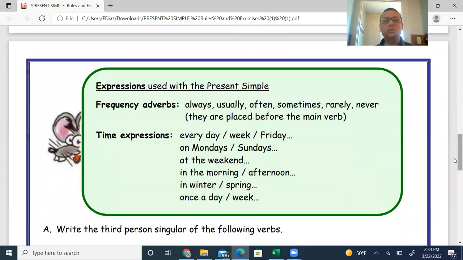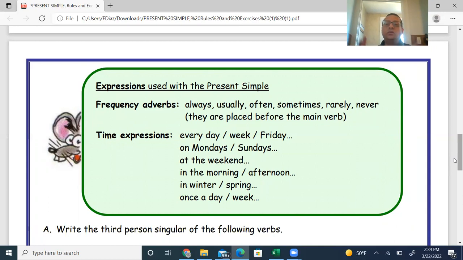So, we also use adverbs of frequency, you know, expressions that we sometimes use with the simple present. Time expressions and adverbs of frequency. Adverbs of frequency are like always, usually, often, sometimes, rarely, never.